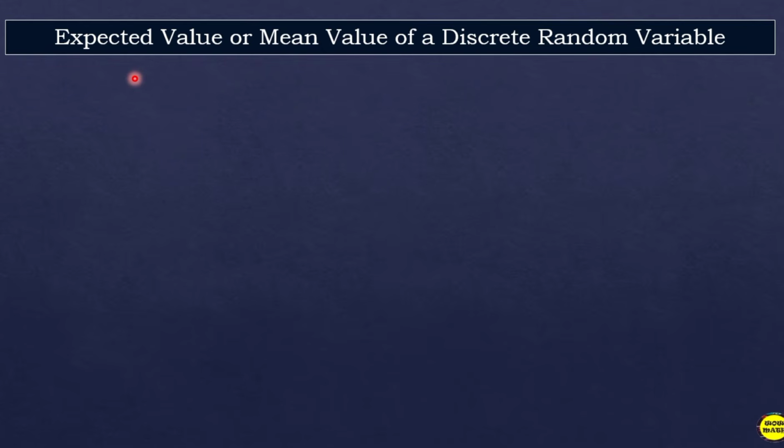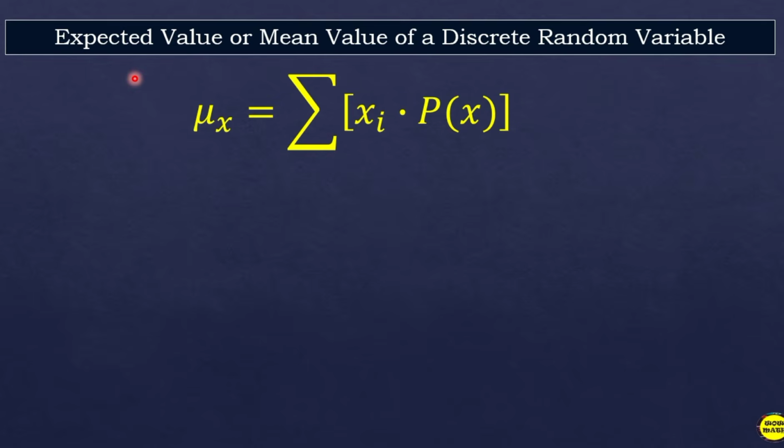How to find the expected or mean value of a discrete random variable, and the variance and standard deviation of a discrete random variable. So, to find the expected value or mean value of a discrete random variable, we're using this formula: the summation of the value of a random variable times the corresponding probability.